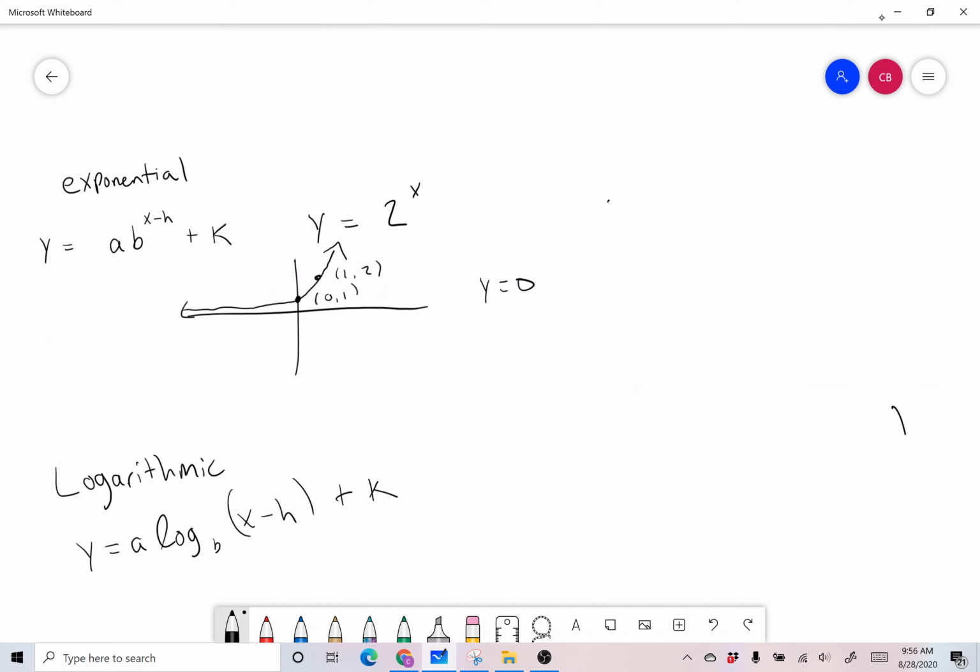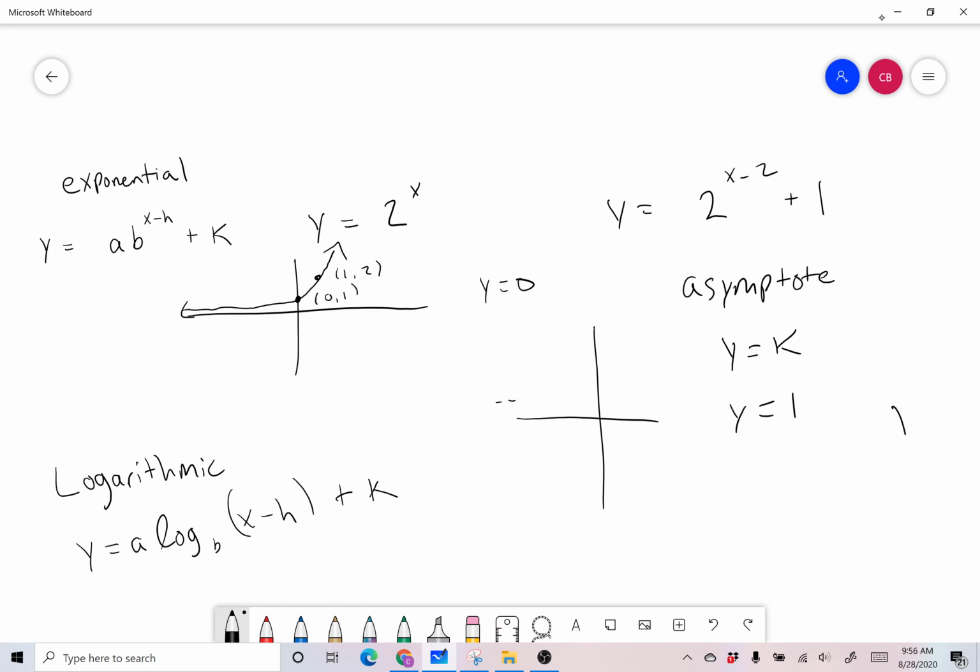So if I give you y is equal to 2 to the x minus 2, plus 1, your asymptote here is going to fall at y is equal to k. Well, y is equal to 1 in this case. So if I draw the graph, it's going to go something like the following.